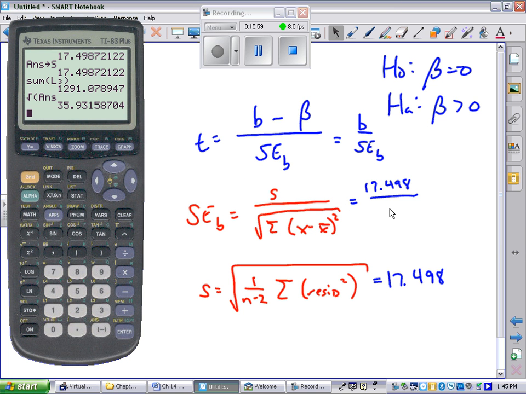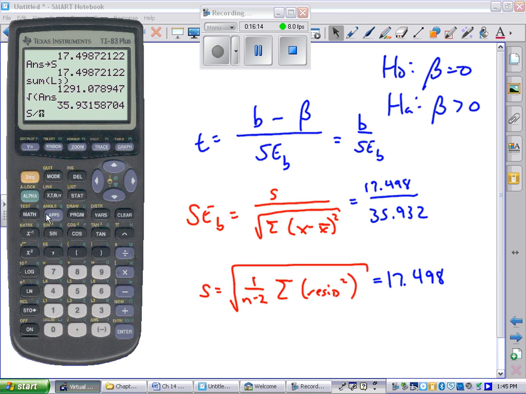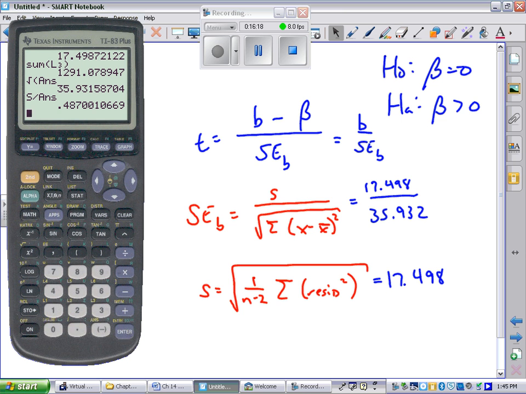So 35.932. And then the easiest way for me to do that is to remember that I stored this in S. So I'm going to go Alpha S divided by that answer to get that number, which is my standard error of B.